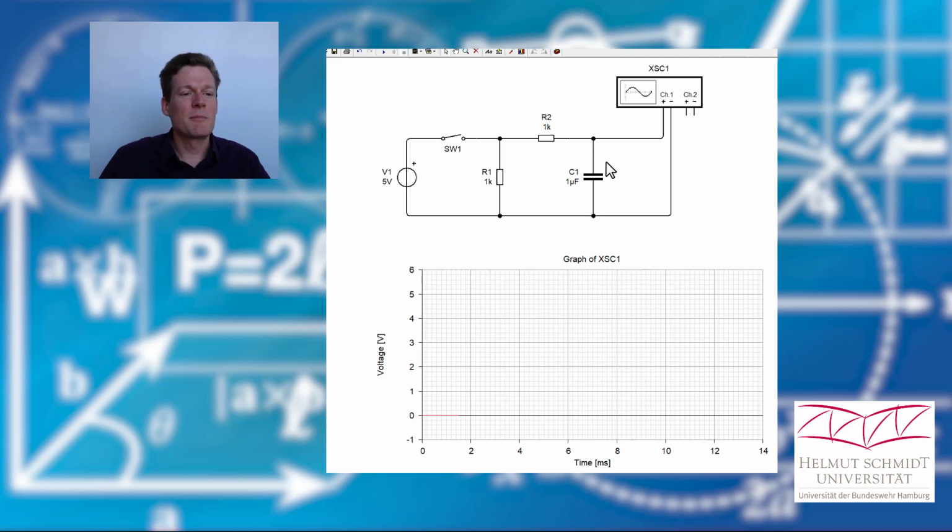And if the capacitor behaves like an open circuit, there will be no current flowing here, and that means that we have no voltage drop here, and that would mean that according to Kirchhoff's voltage law we should have the full 5 volts from this resistor also at the capacitor. This here is just an oscilloscope and it measures the voltage at the capacitor, and we see the result here.